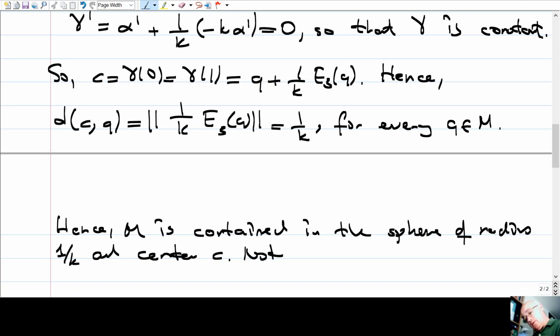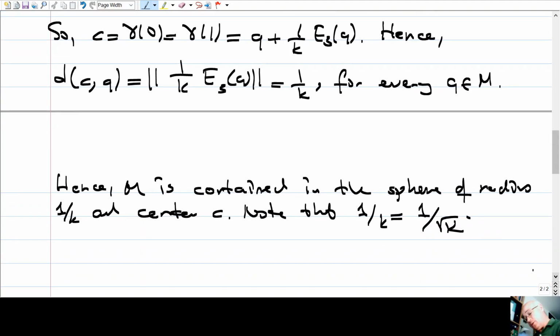Note that 1 over K, the common normal curvature, principal curvature, this is just 1 over the square root of the Gaussian curvature, which is a constant number on the surface. And the proof finishes.